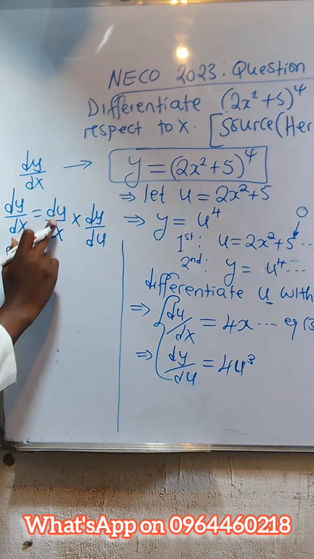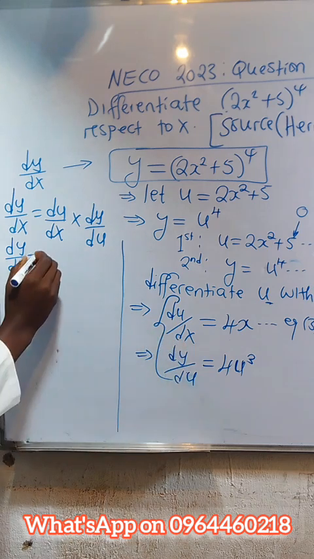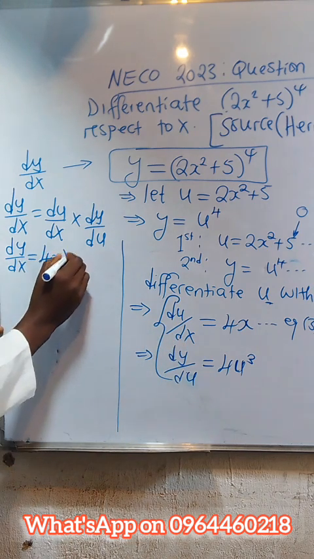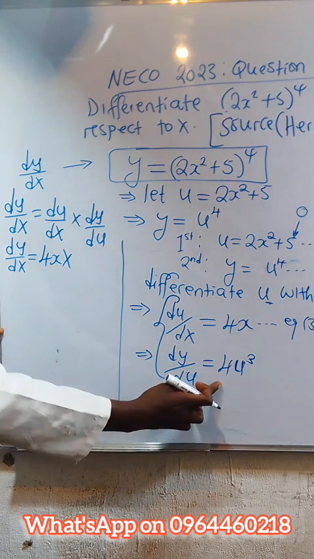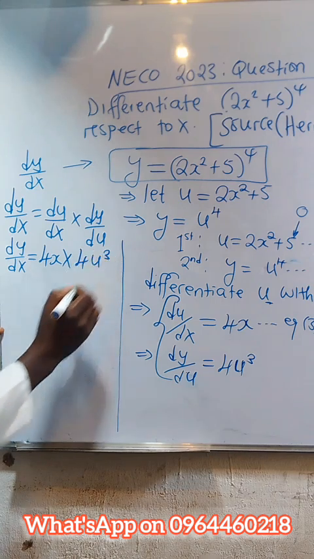We know that du/dx is 4x, multiplied by dy/du, which is 4u^3.